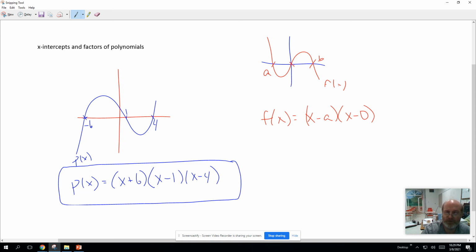And since B is an x-intercept, then x minus B has to be a factor.